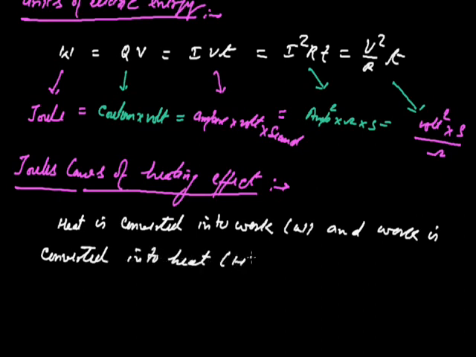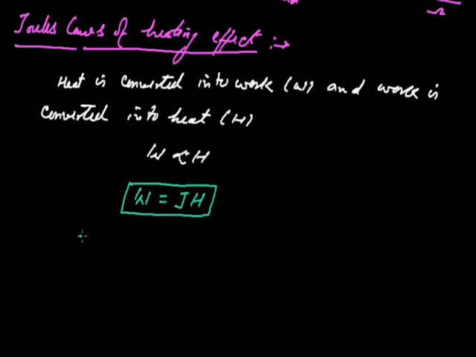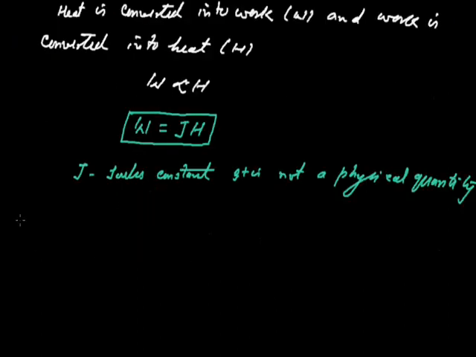Denoted by H, it means W is proportional to H, or W is JH. Here J is a constant, known as Joule's constant. J is Joule's constant. It is not a physical quantity. It is simply a conversion coefficient.